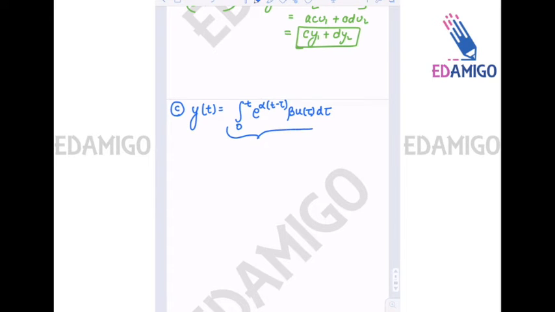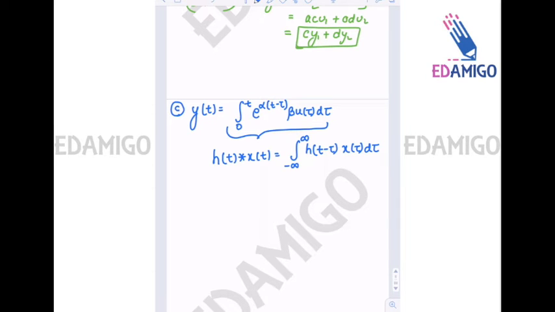Now if you know the formula of convolution, h(t) convolved with x(t) is equal to the integral from minus infinity to infinity of h(t minus tau) x(tau) d tau.